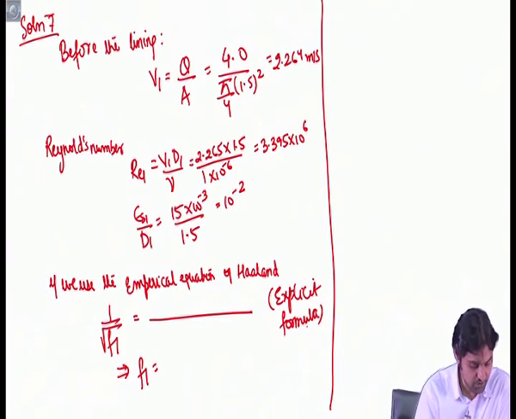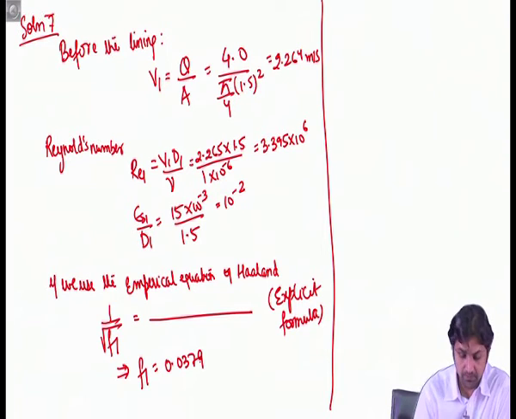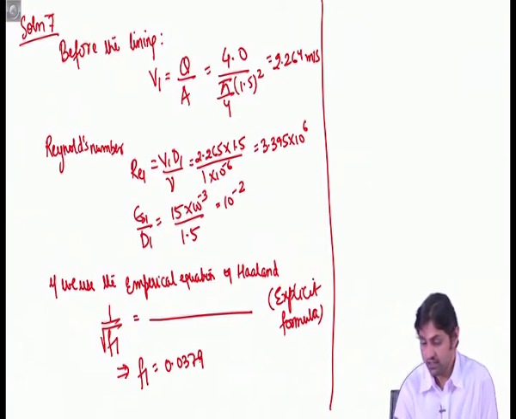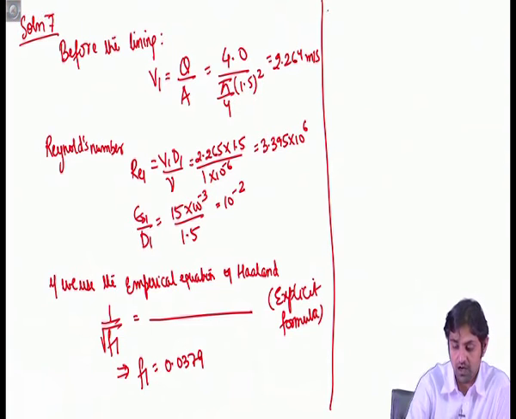So F1 we can get 0.0379. Now we have talked about the friction factor we have calculated before the lining was there. Similarly, let's talk after the lining was put.